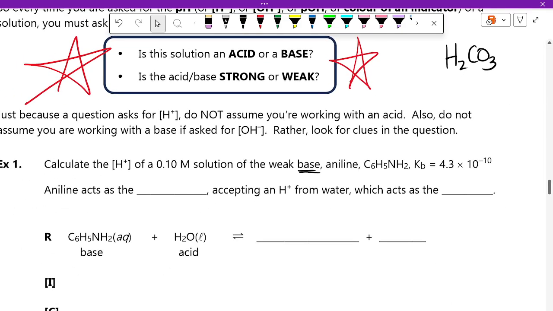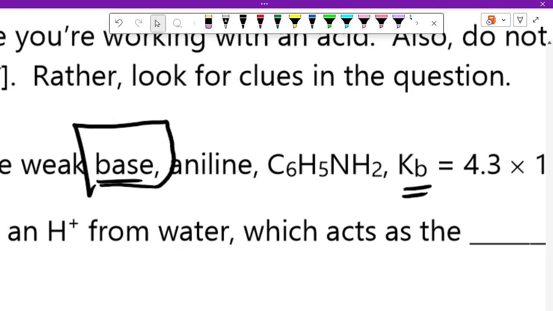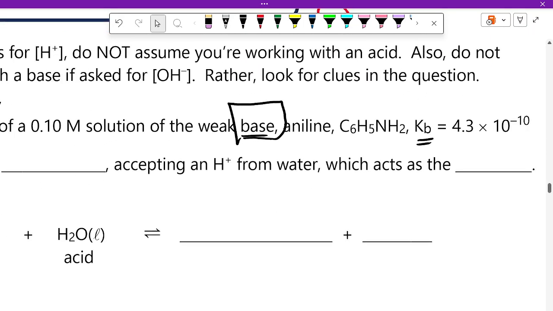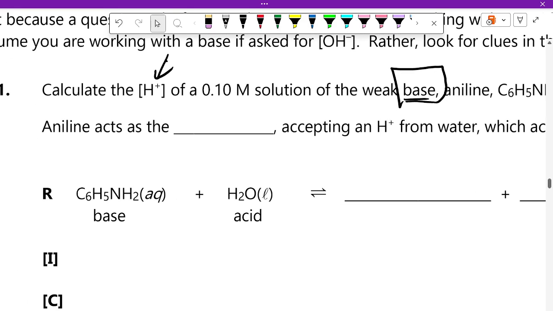All right, so here we want to calculate the H plus ion concentration. And this is the problem, people want to have an H plus in the products. But you're told that this is a weak base, and you're given a Kb. So this weak base aniline, C6H5NH2, what does it act as?